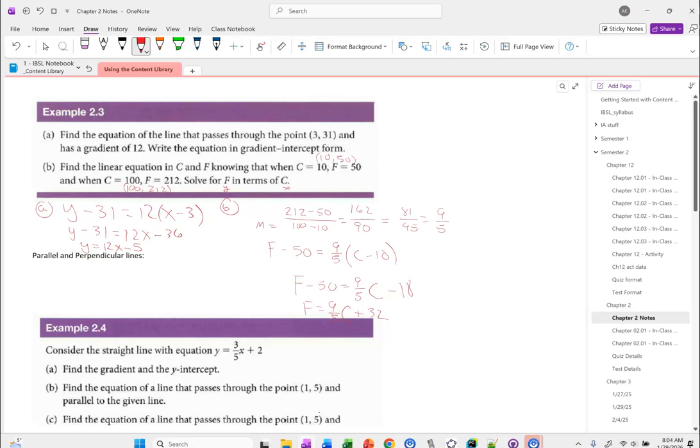Anybody recognize that? What is it? It's y equals mx plus b. No, that formula. The slope formula. No, specifically, slope-intercept. It's the conversion formula from Celsius to Fahrenheit.